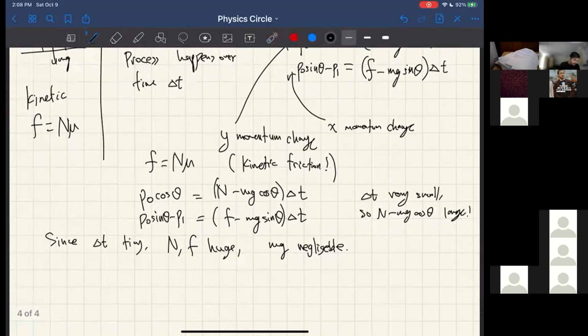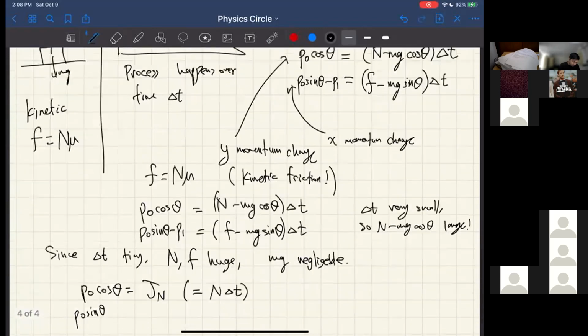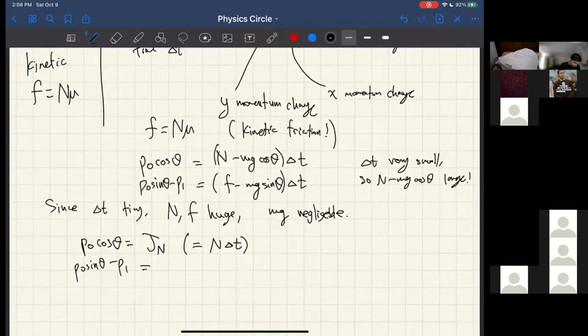So then I can rewrite this as P0 cos theta is just J sub n, the impulse from the normal force, which is N delta t, equal to J sub f, which is equal to mu times J sub n, and this is equal to f delta t.